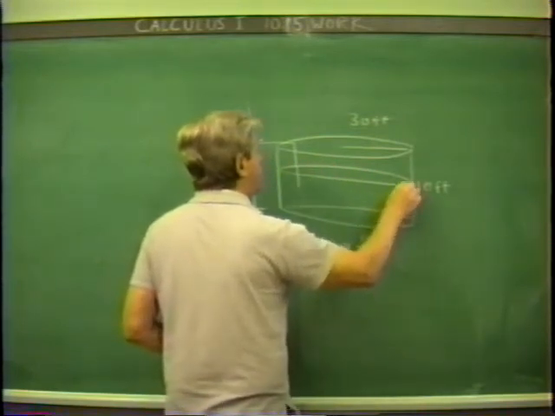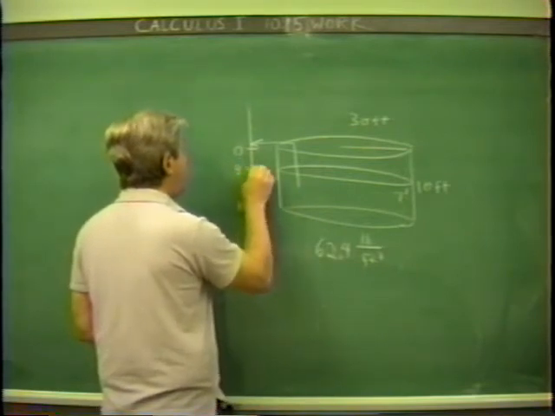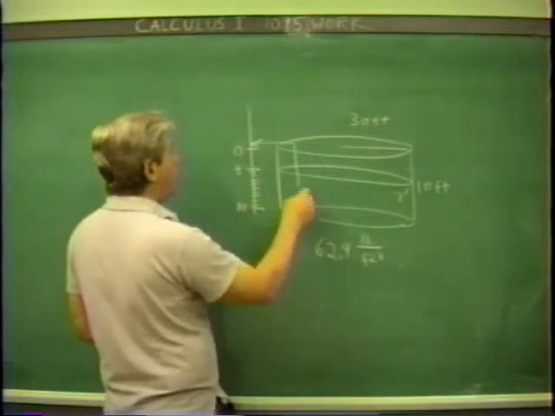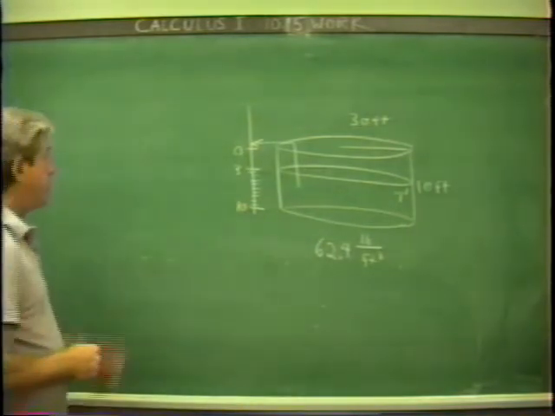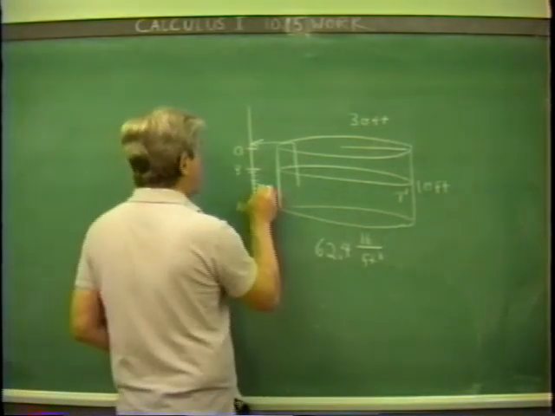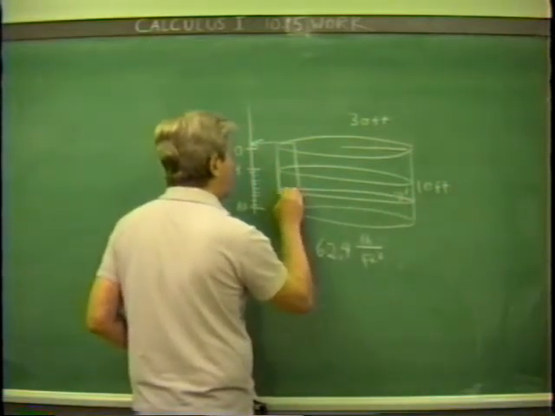Well, let's make the problem a little bit more complicated, and let's suppose that the water was only up to the 7-foot level, which means that if we did put this here, then we would want to go from 3 to 10 and partition this, because it's between 3 and 10 that the water would exist.